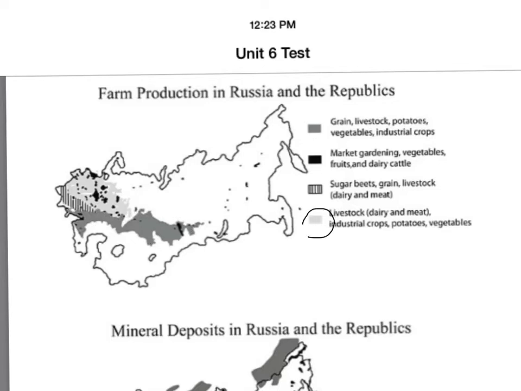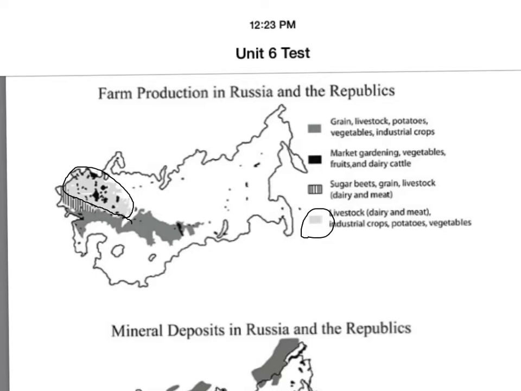Here, this livestock, dairy, and meat industrials, this gray along through here, along with some of the black, would be found in places like again Russia, Ukraine, Belarus, Lithuania, Moldova, Latvia, those areas.